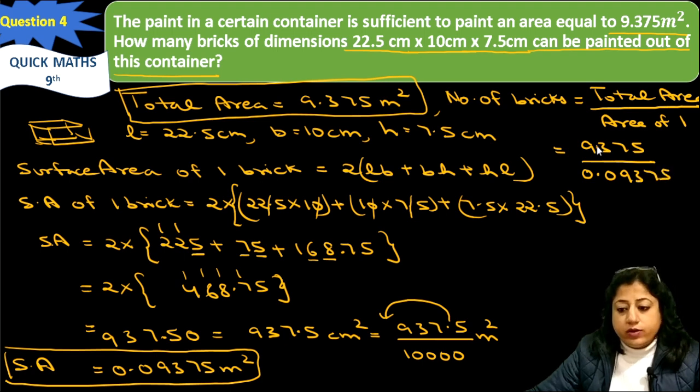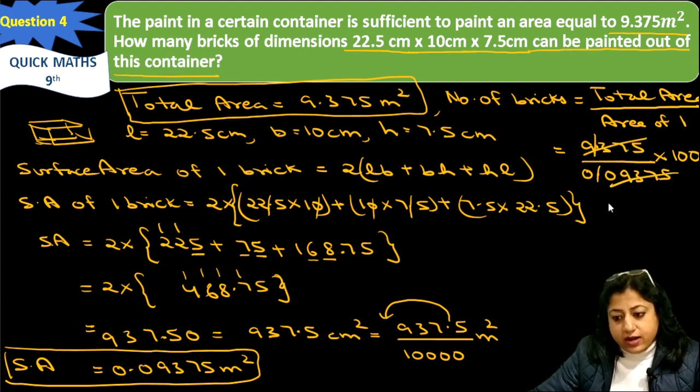0.09375. In the numerator there are 3 places of decimal, in the denominator 5 places of decimal. So if we cancel the 3 places with 3, then 2 places remain, which will be 100. The 100 will come in the numerator. The 9375 remaining cancels out and the answer becomes 100 only.